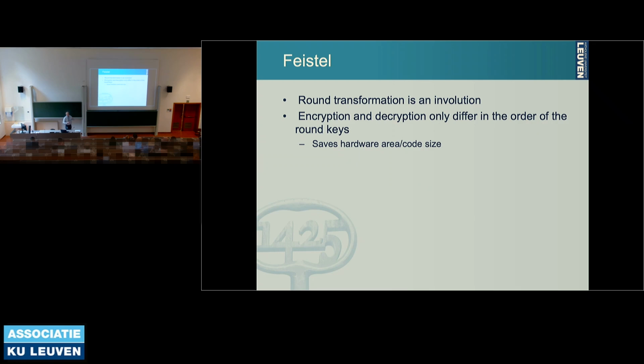So you don't need a separate circuit for decryption. You can do it with the same circuit. You only have to change the order of the round keys. So that was seen then as a very important advantage.